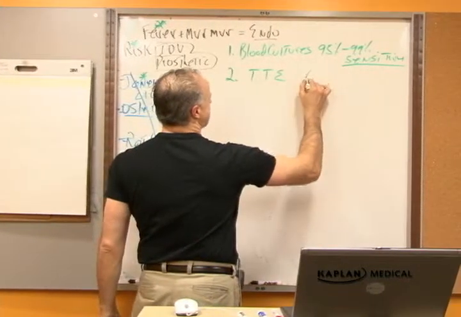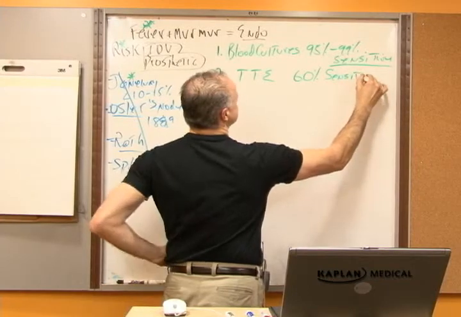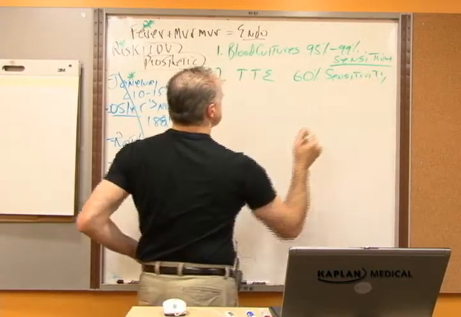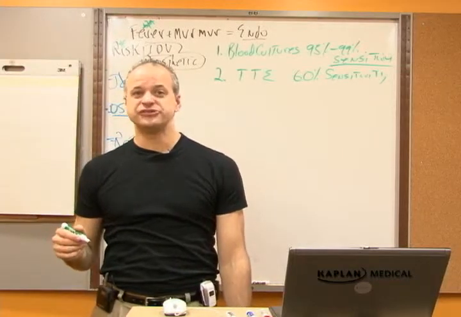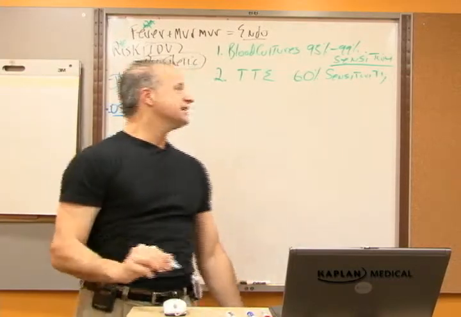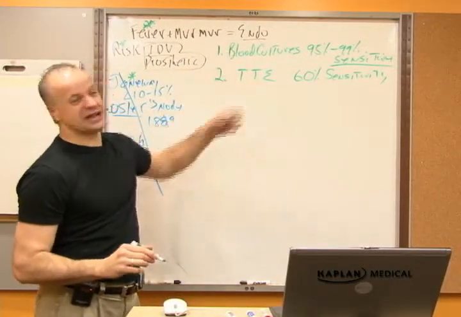Transthoracic echo is not first because that test only has a 60% sensitivity. You can't have the best initial test being a test that misses 40% of your disease. The best initial test is blood cultures. If the blood cultures are positive, transthoracic echo.